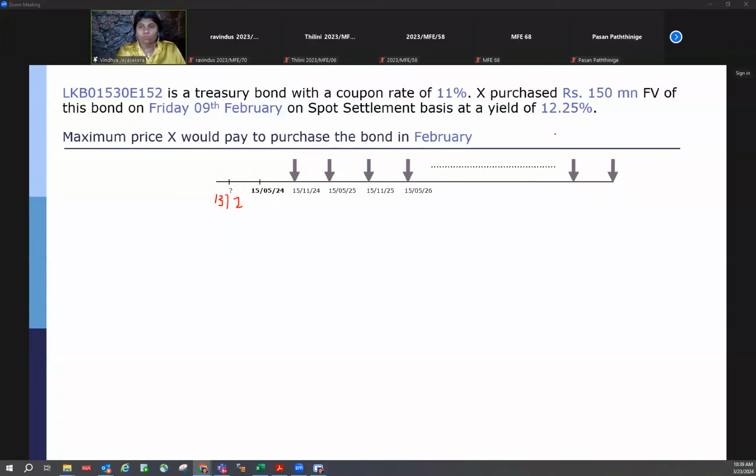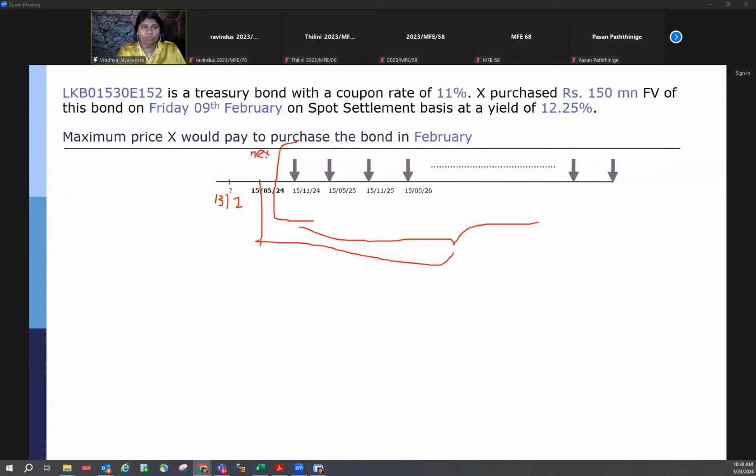So remember, when I calculate the price as at 15th of May, it is looking at all these future cash flows after 15th of May and telling me these set of future cash flows are worth on 15th of May, that's the next coupon date.